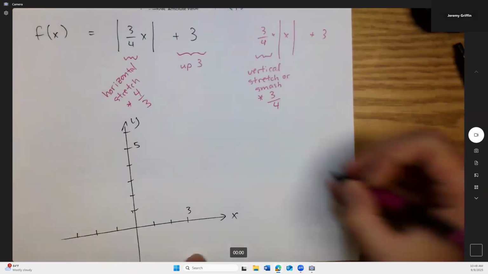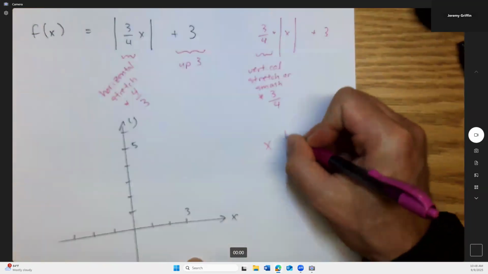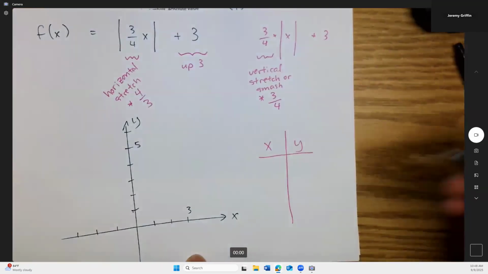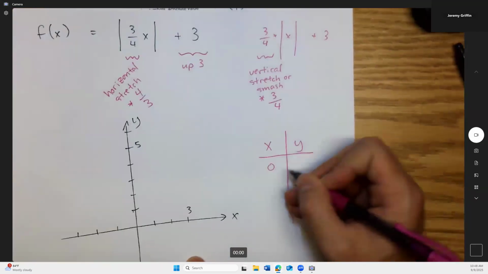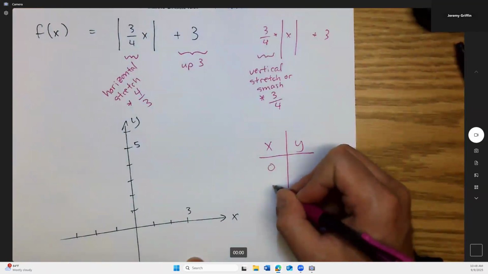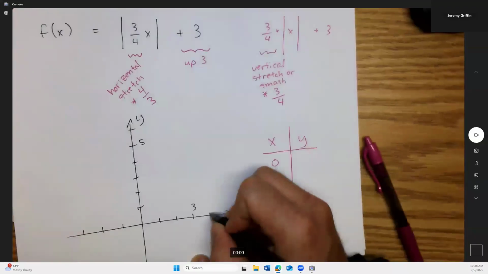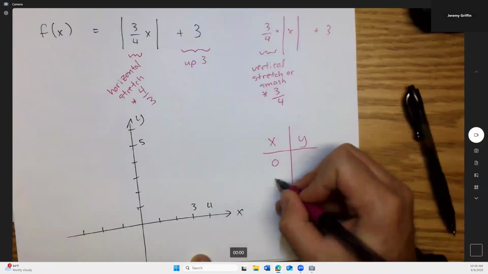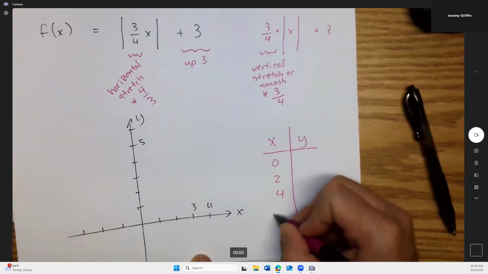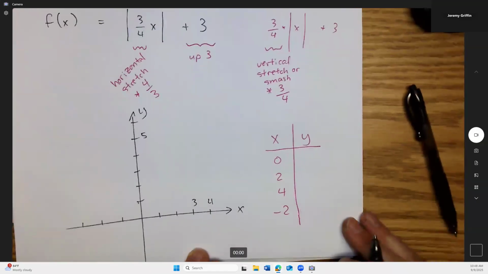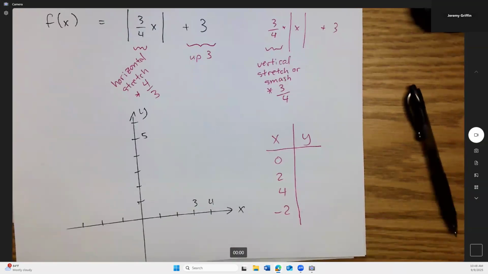So let's do an XY table. So x, y, come up with some values, see what happens. So what if x is 0? What if x is here? Throw in another point here. So let's go 2, 4, and then -2. Okay. I think that'll be just enough points where it'll be really clear what the graph's going to look like.